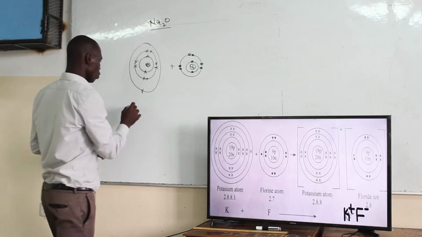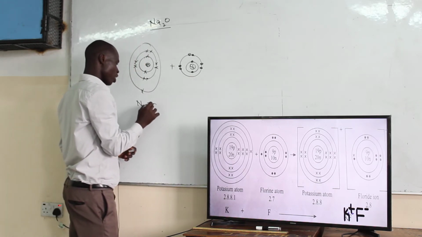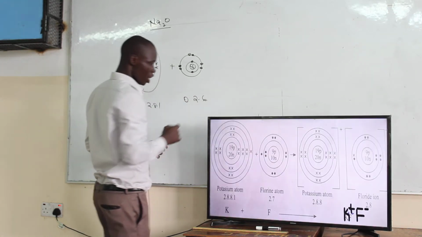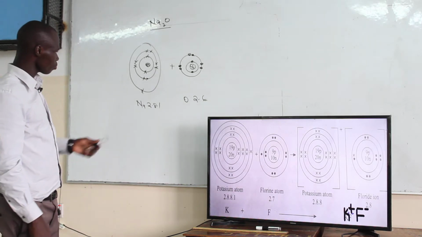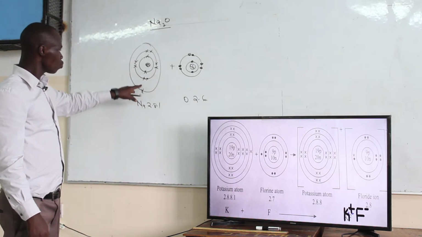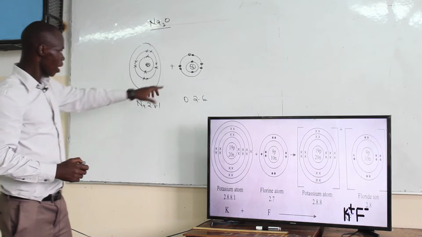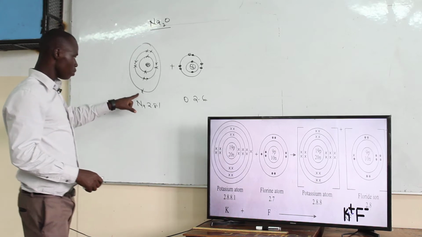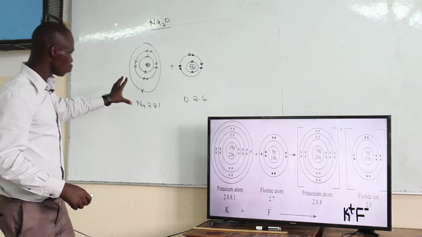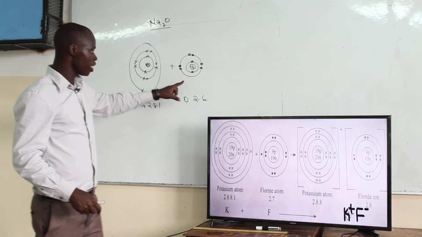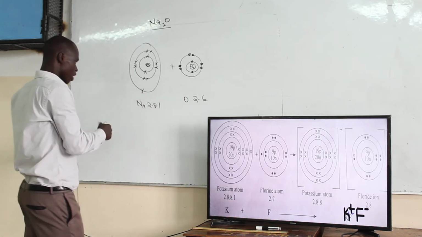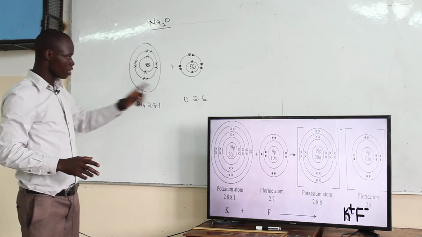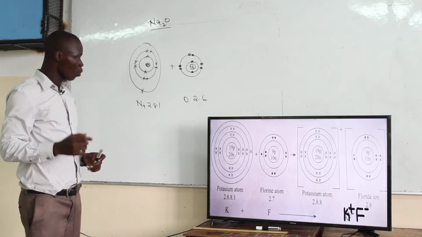If you look at sodium here, sodium needs to lose 1, while oxygen needs to gain 2 in order to be stable. Sodium needs to lose only 1 for it to be stable, but this one needs 2. So should we release just this one here? This oxygen is going to end up with 2,7 instead of 2,8. So what do we do?